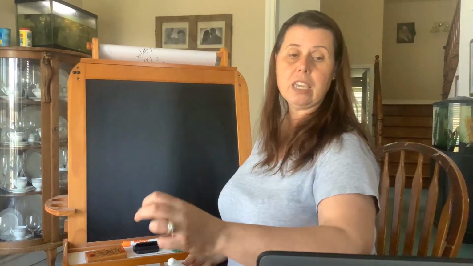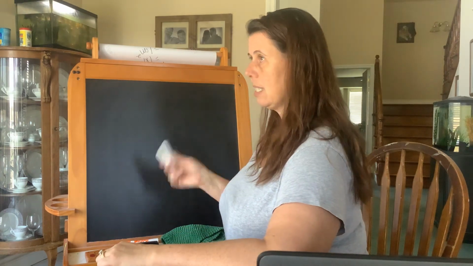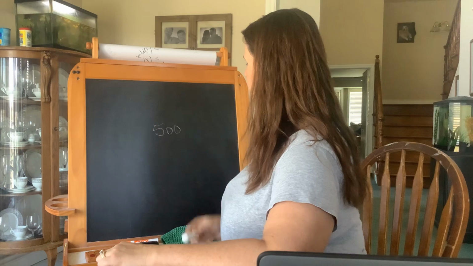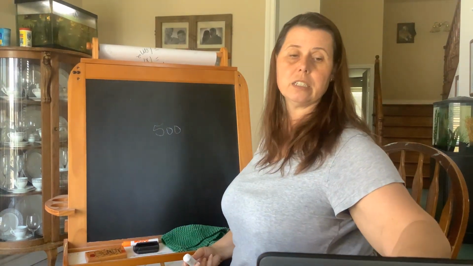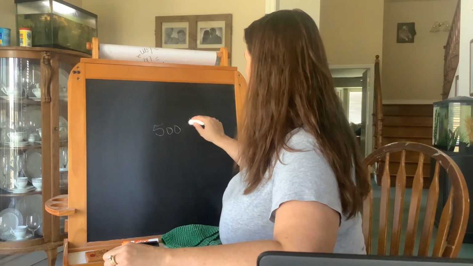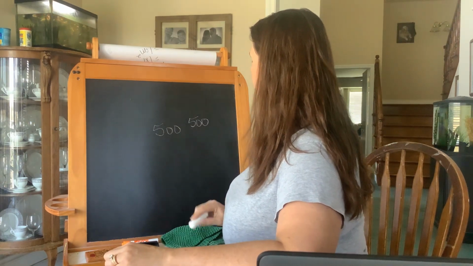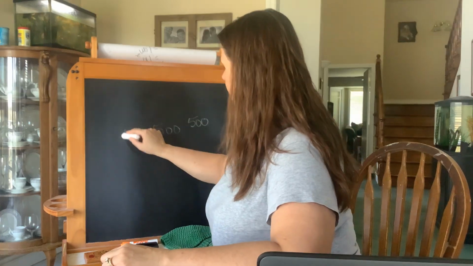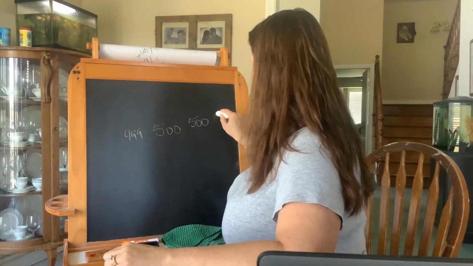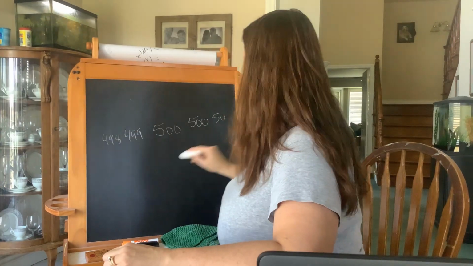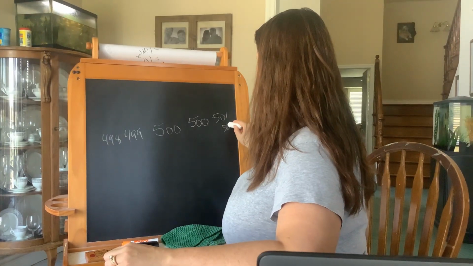Okay, B, mean is 500. Remember, mean is like a scale, right? So we need the mean to be 500. And we'll give it another 500. Now, let's go down 1 and up 1 to keep it the same. 499, 501. 498, 502.